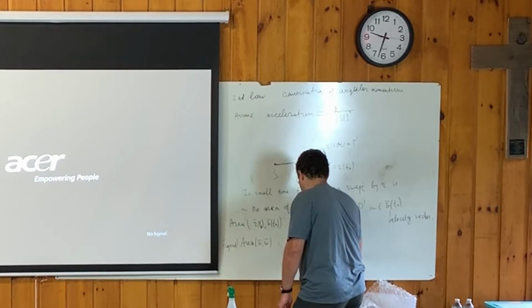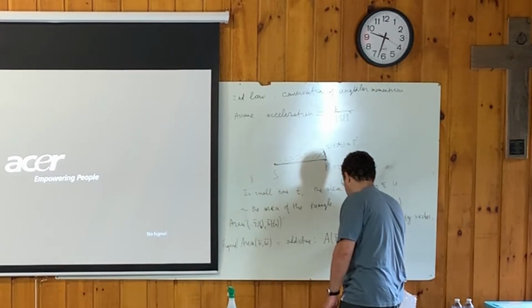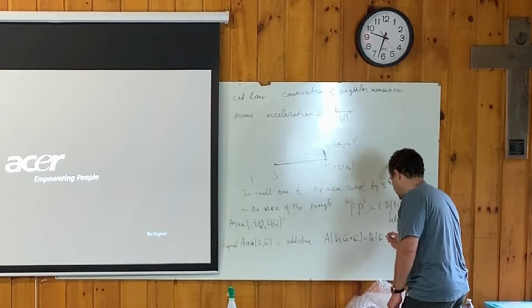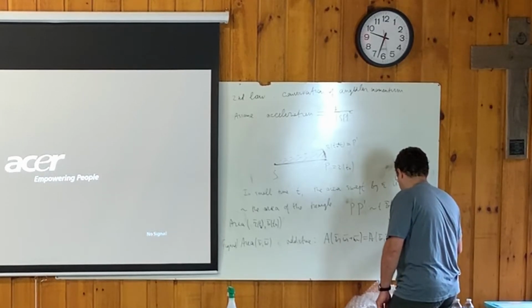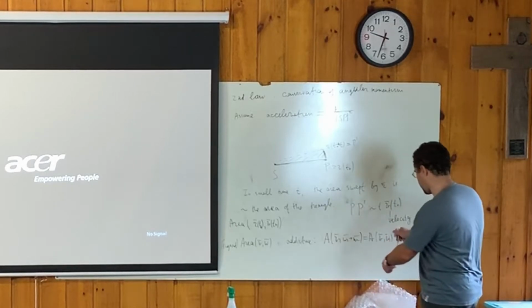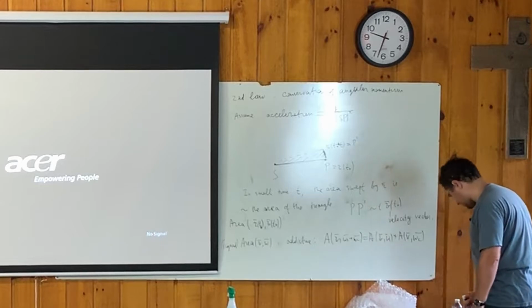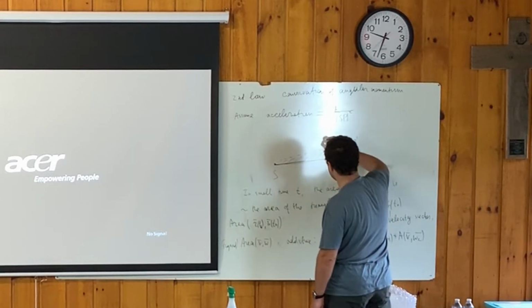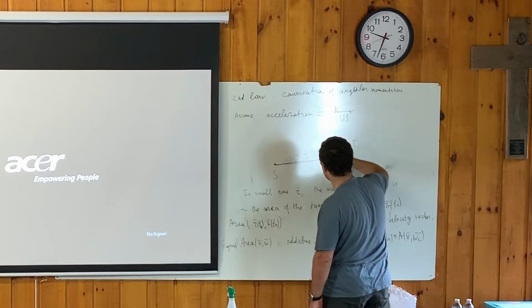By which I mean that the area of V, W1 plus W2 is A of V, W1 plus A of V, W2. And the same if I fix W and add two versions for V. This is actually clear from elementary geometry, because if I fix V, then what is this area?